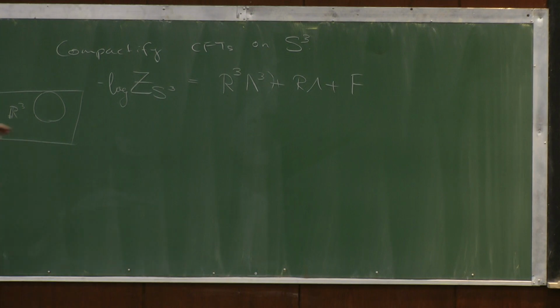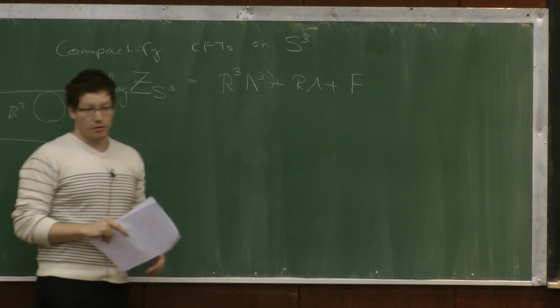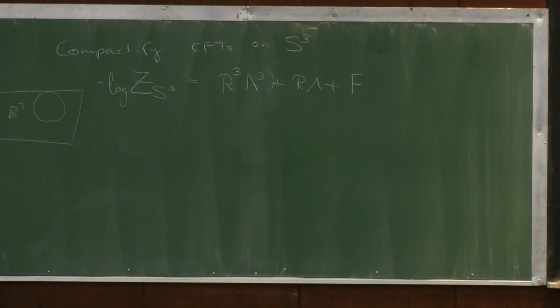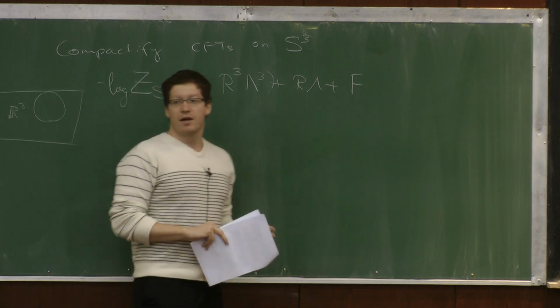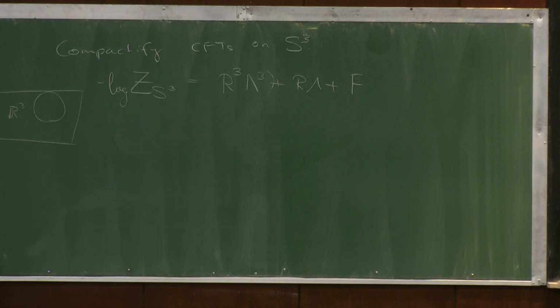These divergent terms can be cancelled by local counterterms, which are correspondingly the cosmological constant term and the Einstein-Hilbert term. F, however, cannot be cancelled by any local counterterm, and F is a property of the continuum theory.